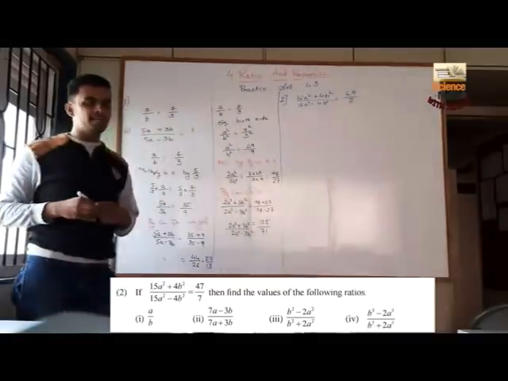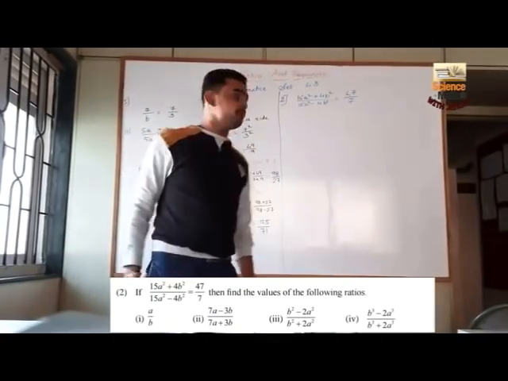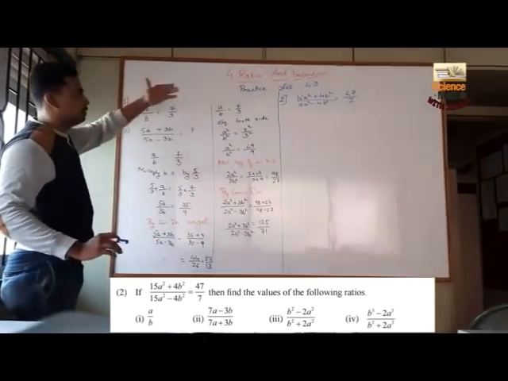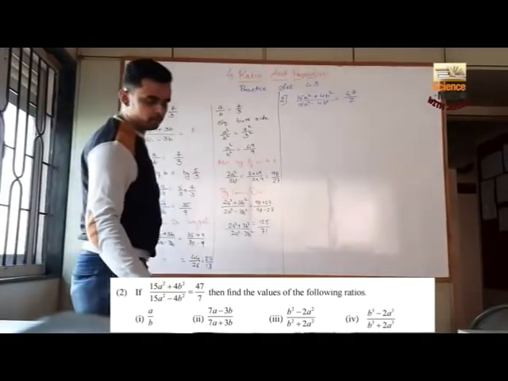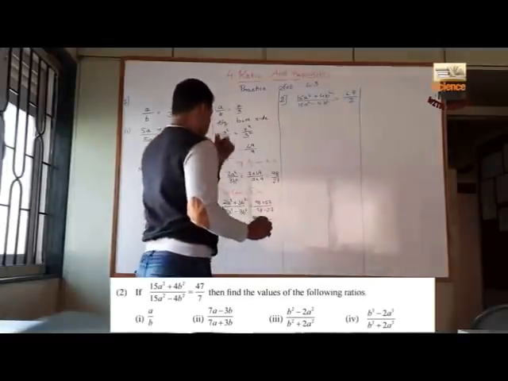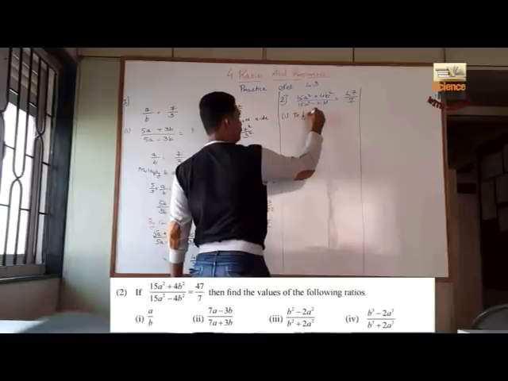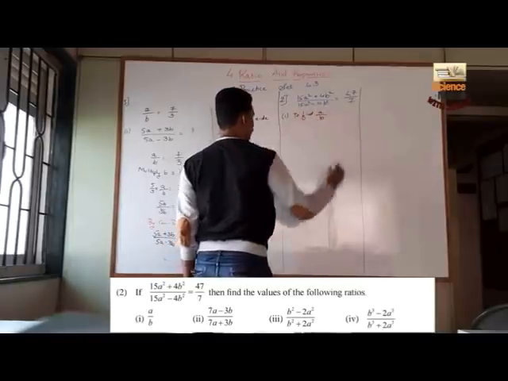This is given to us, and the first thing they ask is to bring that into simple form, that is a upon b. So we have to bring this part into the simple form a upon b.